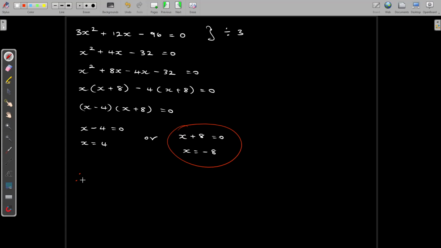So we could conclude that the 3 even numbers are 4, 6, and 8.